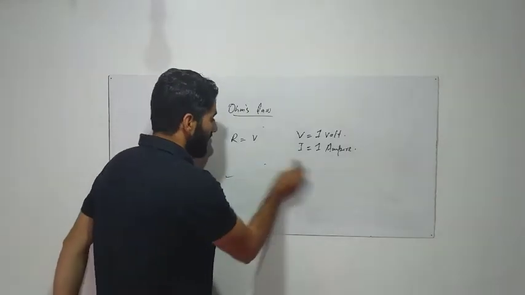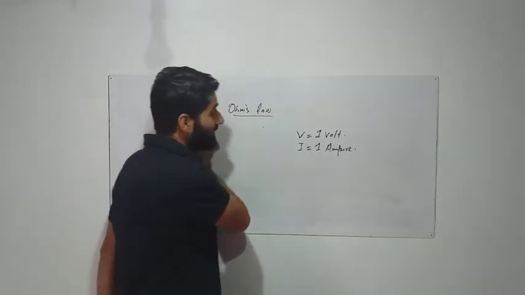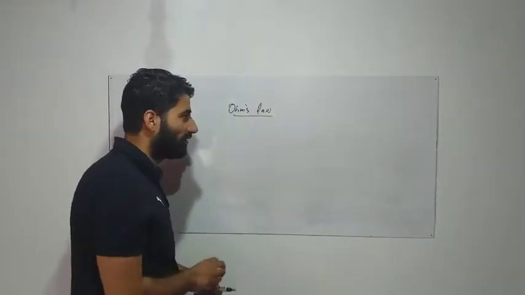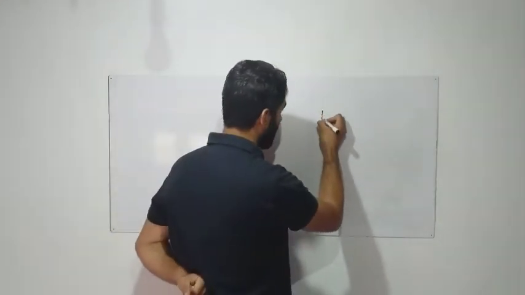So if we draw a plot between this voltage V and current I, we find such a kind of graph.